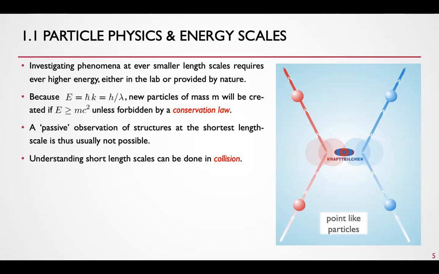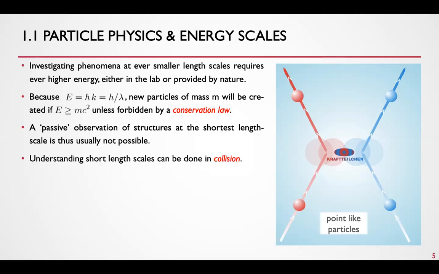If you increase the frequency of, for example, the light particles, the photons, so much that you achieve the smallest length scale, you inadvertently begin to create new particles. In other words, you are led from passive observation to collision. Hence, there is no passive observation below at the lowest energy scales.